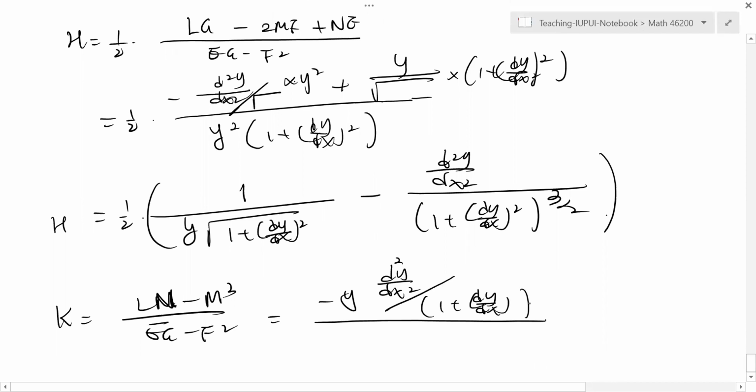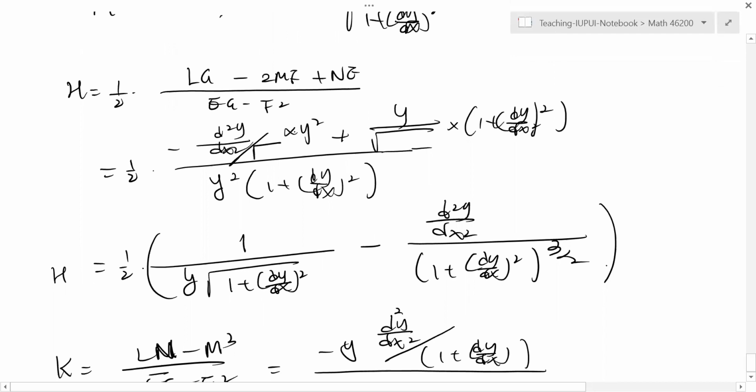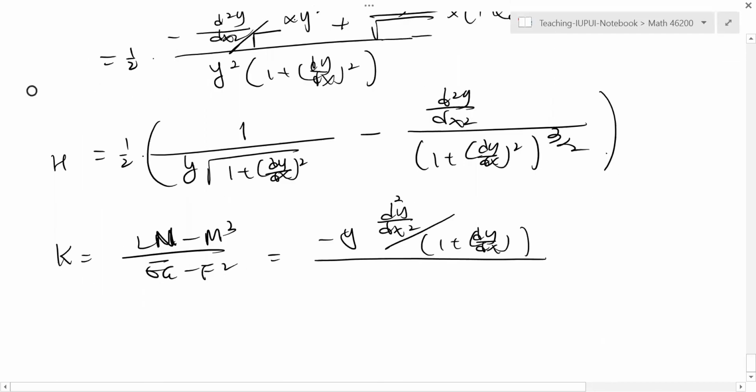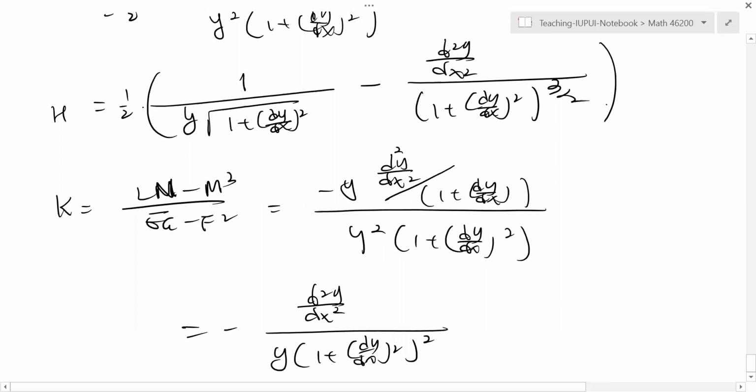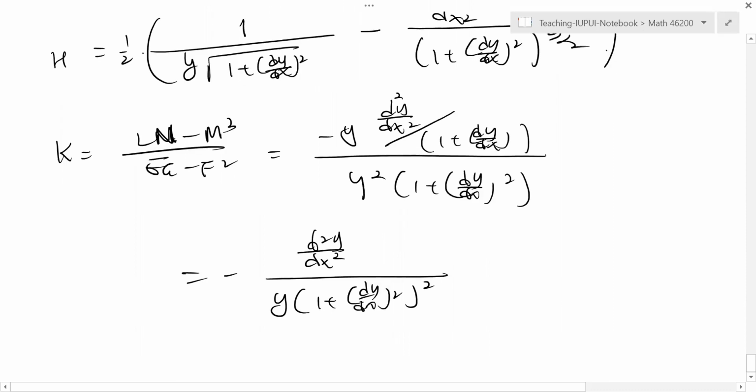Because the square root is going to be squared right now. And this will be over EG minus F squared. So after you simplify it, you're also going to get this equation, right?